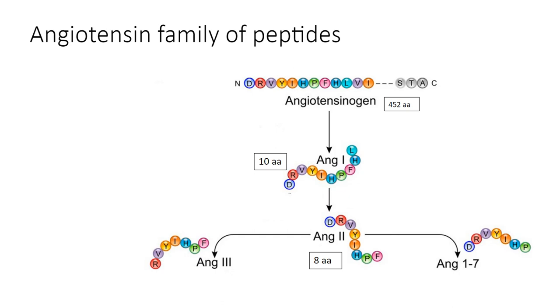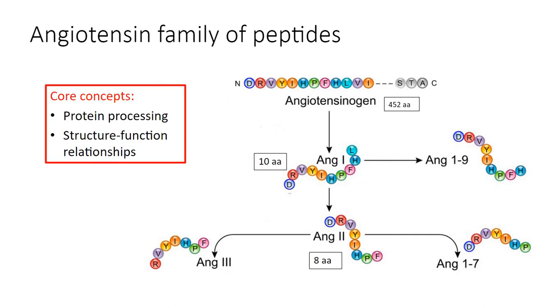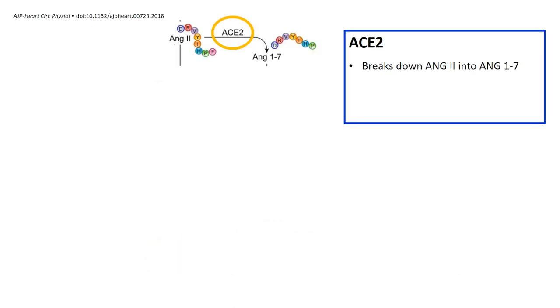And this is removal of the C-terminal amino acid. And angiotensin 1 itself also gets metabolized by removal of a single amino acid to angiotensin 1 to 9. And it turns out all of these peptides have functions, and very similar in structure, but not necessarily similar in function, as we will see on the next slide.